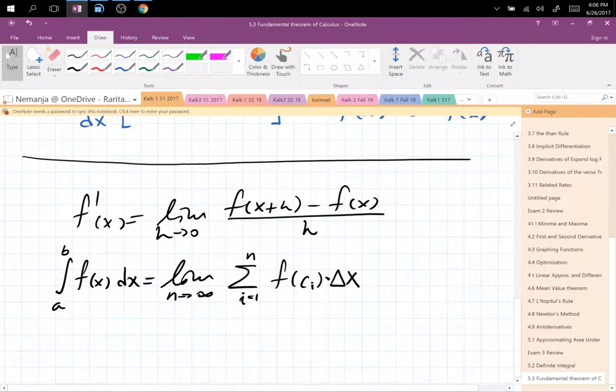The limit of h to 0 is counting the distance away from 0, and then the limit from infinity. They kind of have to go towards each other.